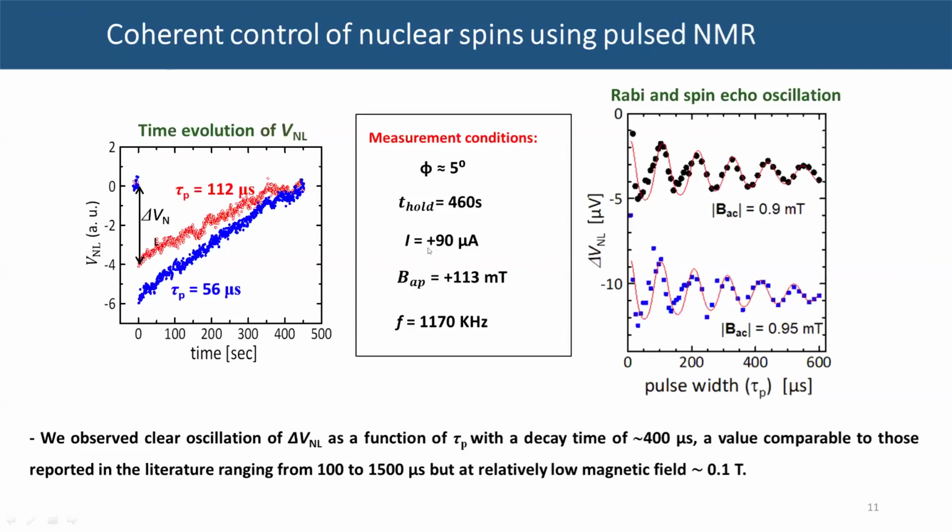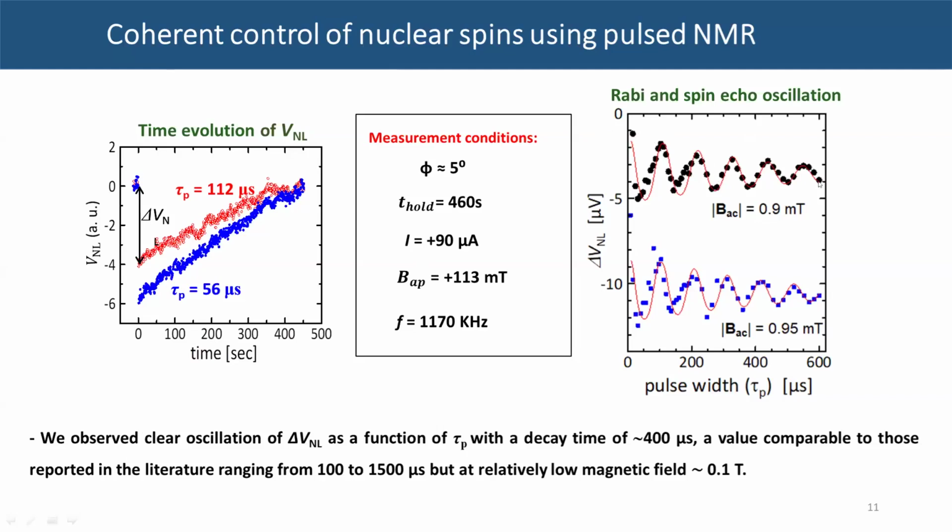And then, all we do is manipulate the direction of the gallium-69 by applying different pulse widths. As you can see here, according to the pulse widths, we can get this kind of dip in the non-local voltage, recording rapid oscillation or manipulation of the nuclear spin between up spin and down spin, up spin, down spin, up spin, down spin.